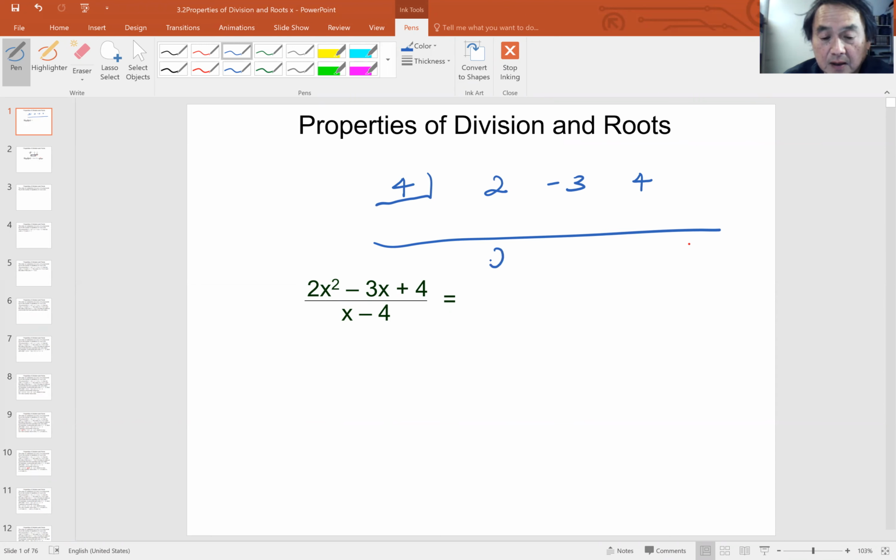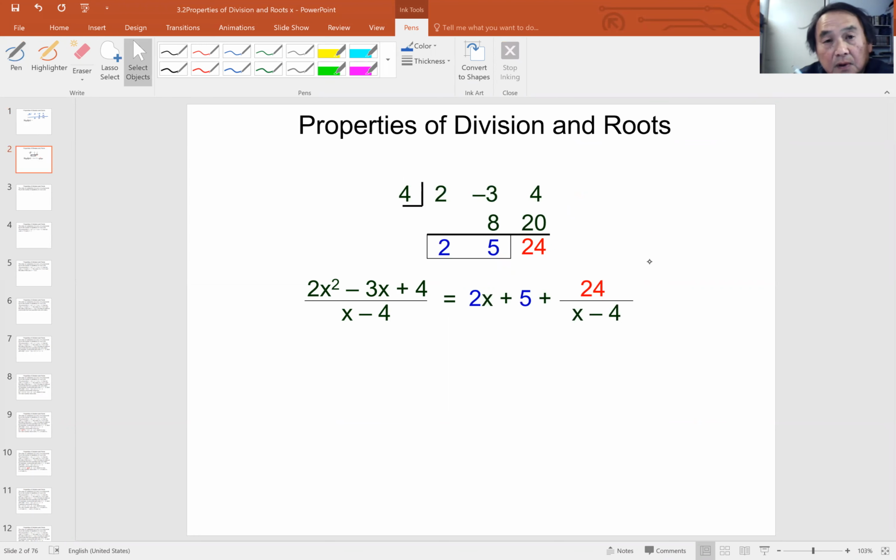Then we can put 2 down and multiply: 2 times 4 is 8, plus 5 is 13; 13 times 4 is 52, plus... Okay, and then we can put this into the mixed form of a fractional formula, where this is the quotient coming from this part, and the remainder sits on top of the divisor. Okay, keep that in mind, we can do this.